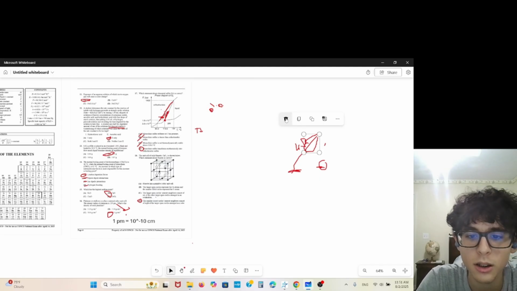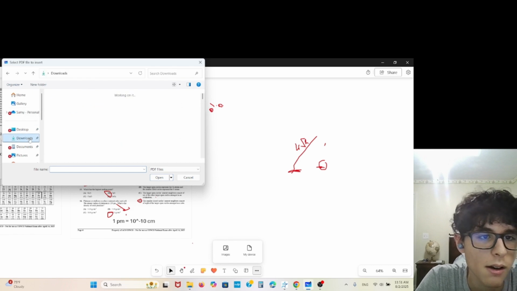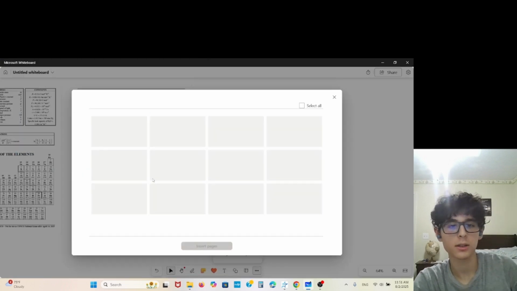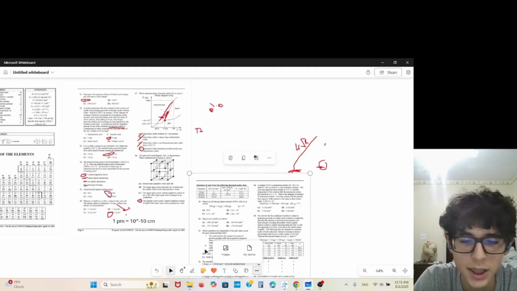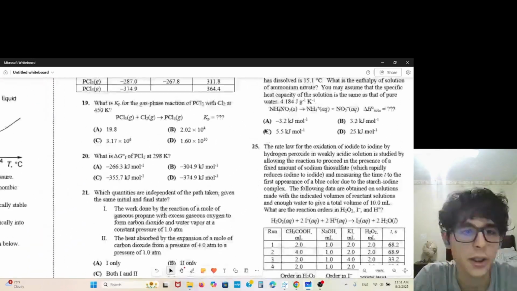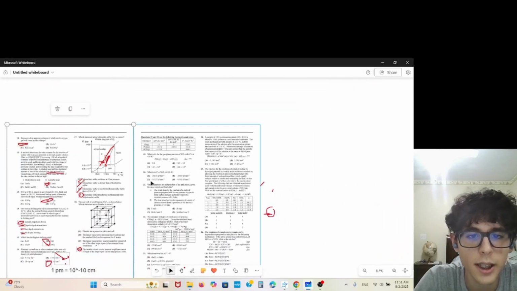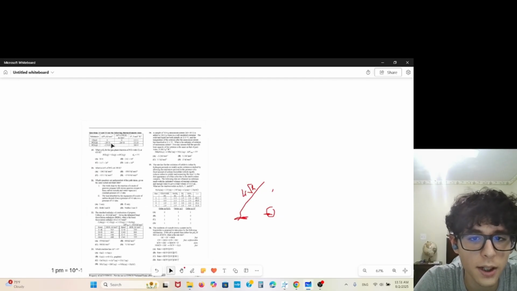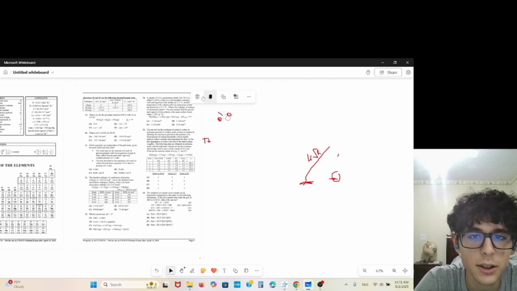Okay. So these next two questions aren't too hard. It's basic calculations, right? Okay. What is Kp for the gas phase reaction of PCl5 with Cl2 at 450 Kelvin?